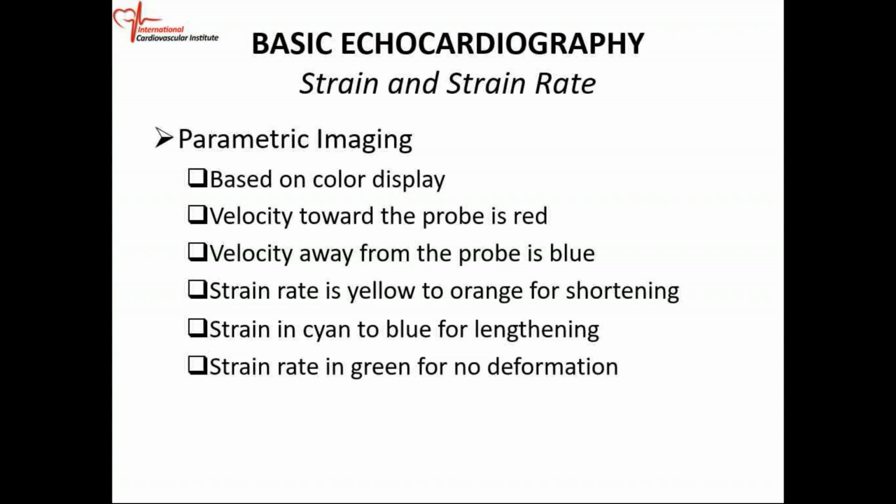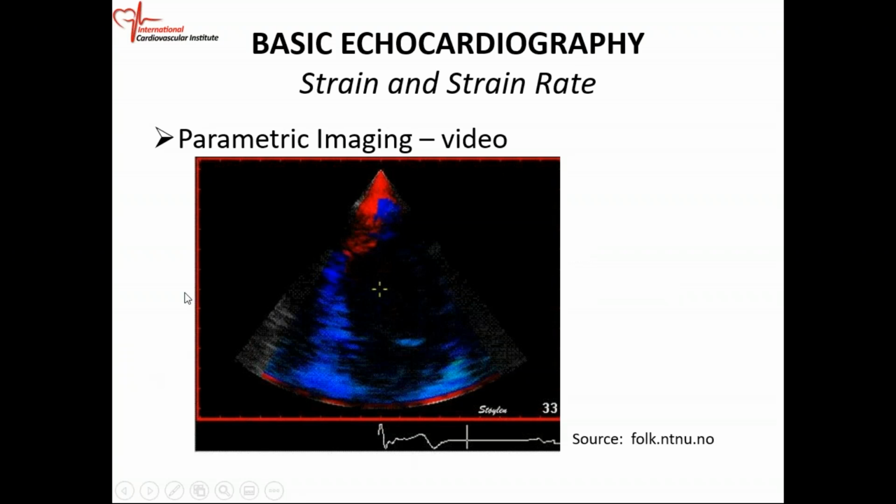So you can have strain where you have lengthening, or you can have strain where you have shortening. If you have shortening, say the longitudinal strain, then it's going to be yellow to orange. Okay, and if there is no deformation, that means there is no lengthening, no shortening, then it's going to be green. So that's when we talk about parametric image, that's what we're talking about.